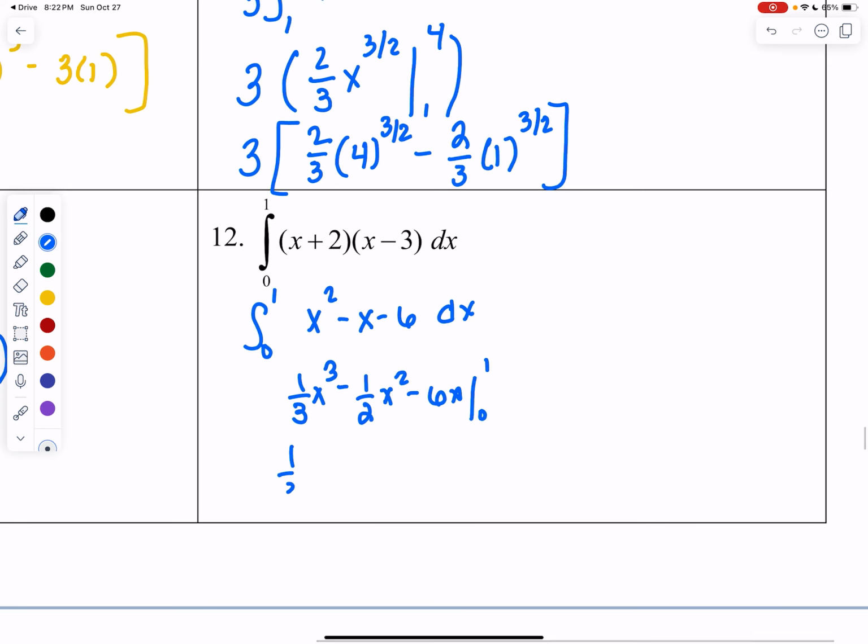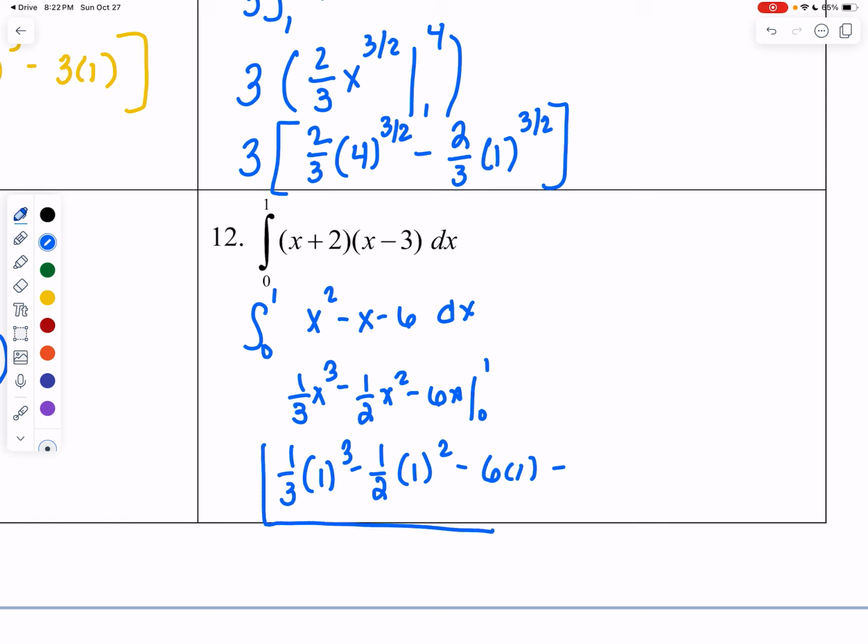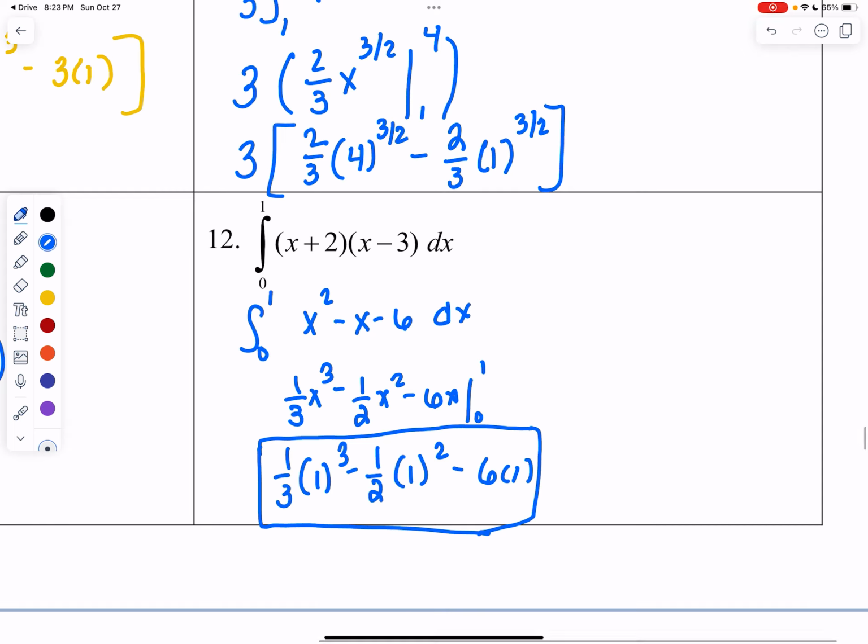And then one thing about this is that notice how my lower limit is 0, and if I were to plug in 0, everything is 0. So honestly, the only thing I need is going to be my upper limit of 1. Now, would this work 100% of the time? No. Because, for example, if I were to do the integral from 0 to 2 of e to the x, the integral of e to the x is e to the x.